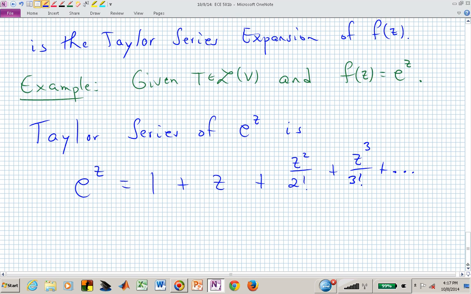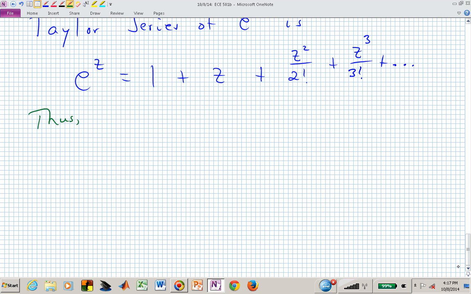If that's the Taylor series expansion of this function, e to the z, now we can use that on this linear operator, capital T. If somebody wants to know the exponential of that linear operator, e to the T, that maybe looks a little interesting, but I hope maybe you've seen that for a matrix. This is a linear operator which has a matrix representation.